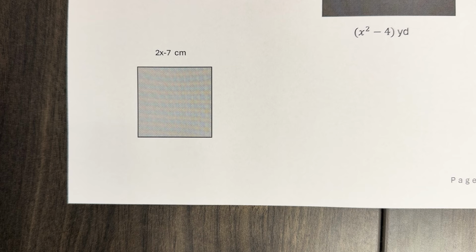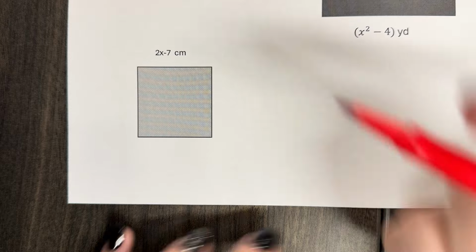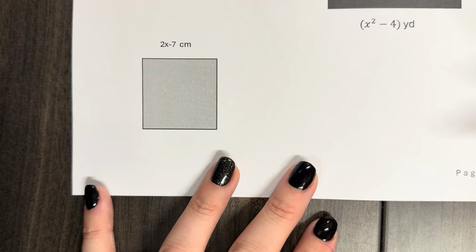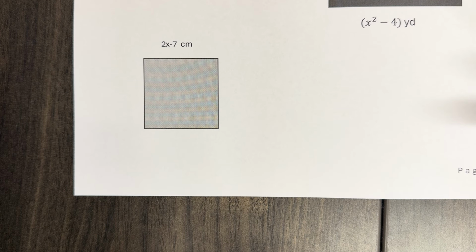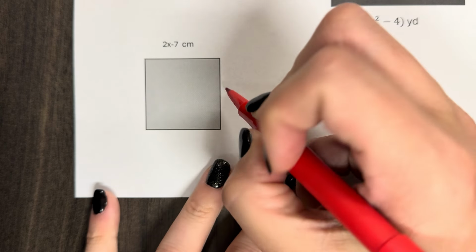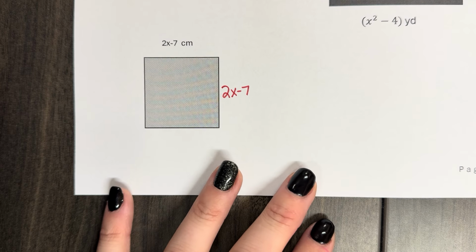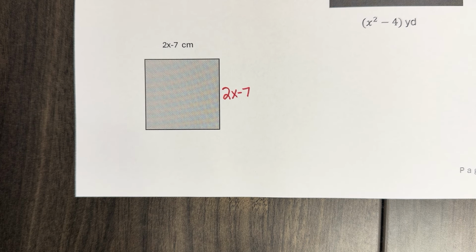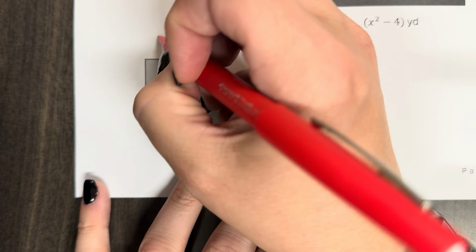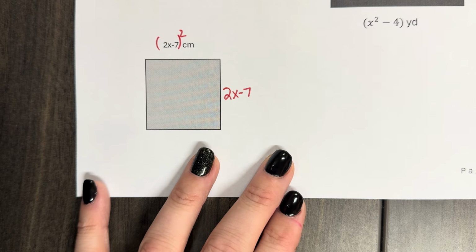So here we are looking at a square. Again, directions would tell you if it's a square, and in a problem you should never assume, but I'm telling you since it's notes. So remember, a square has all sides that are the same. So you could think about this as naming this as 2x minus 7 and taking 2x minus 7 times 2x minus 7. Or 2x minus 7 in parentheses squared.